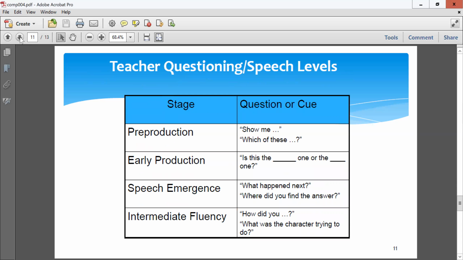Having them fill in the blank with one word. For speech emergence, you're wanting them to then reply more with the phrases, or at least more than one word answers, and then more open-ended type questions for intermediate fluency. But once again, we're not limiting ourselves to those, but that's at least an idea for you to get started.